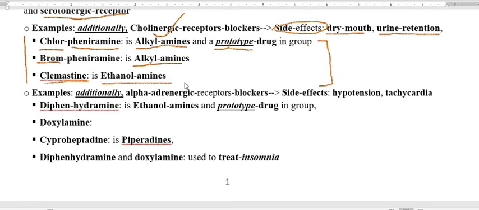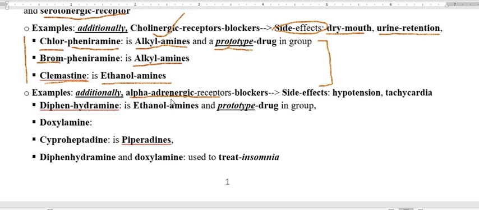Other drugs from the first generation H1 receptor blockers have additional activity by blocking the alpha adrenergic receptor.